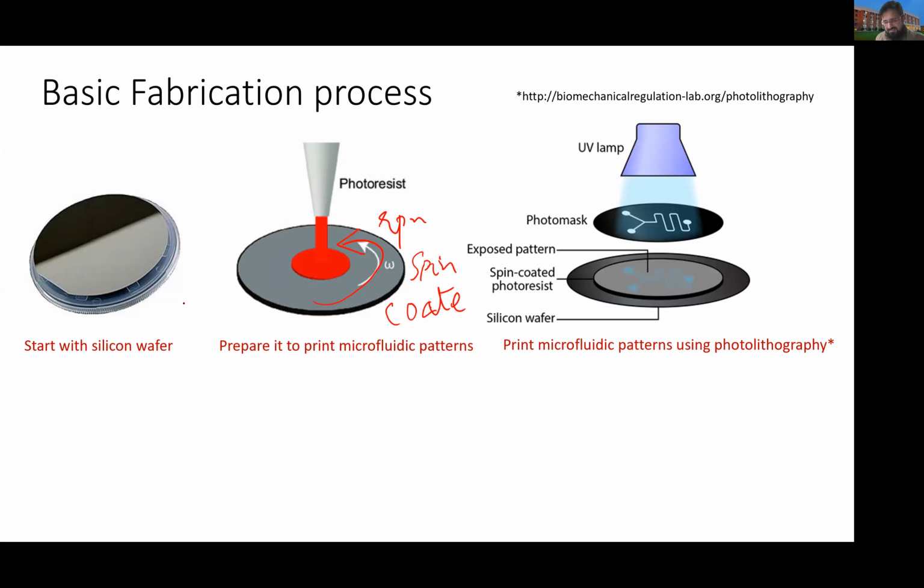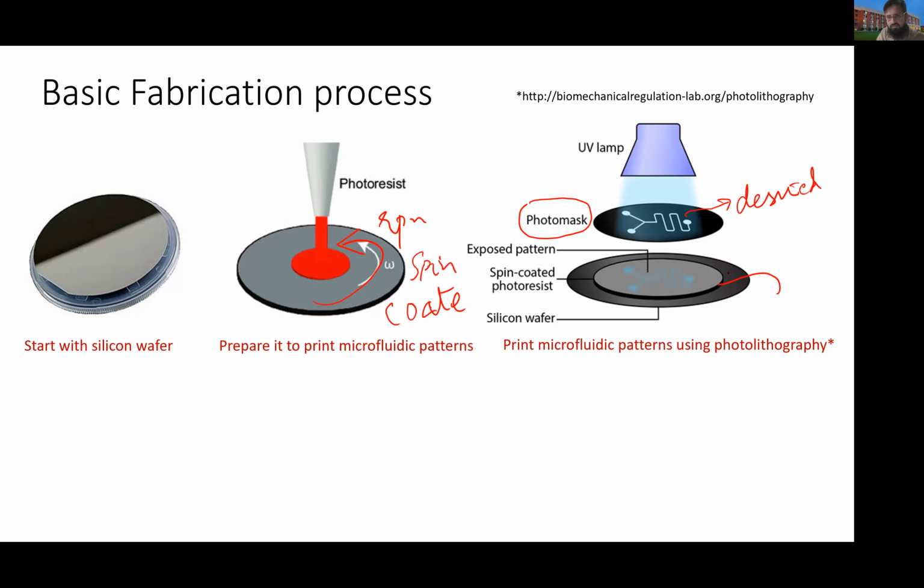This third picture is explaining the process of photolithography. We have something called a photomask, and the photomask has your desired feature already printed on it.